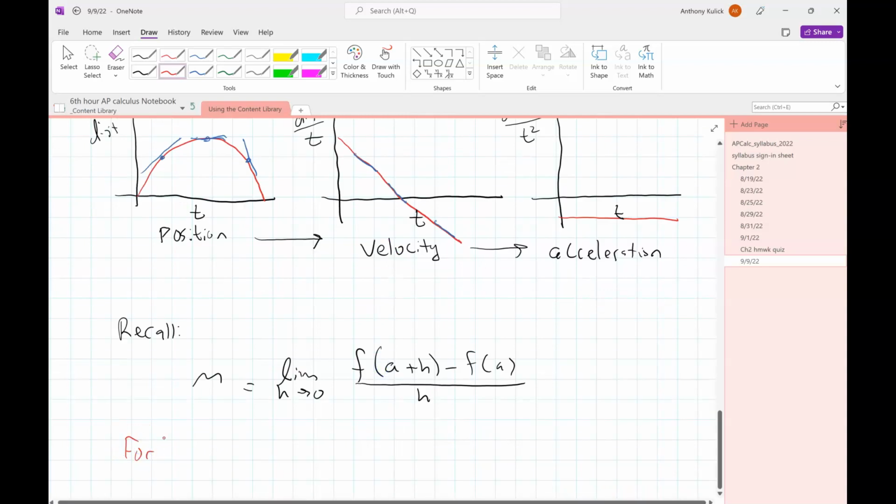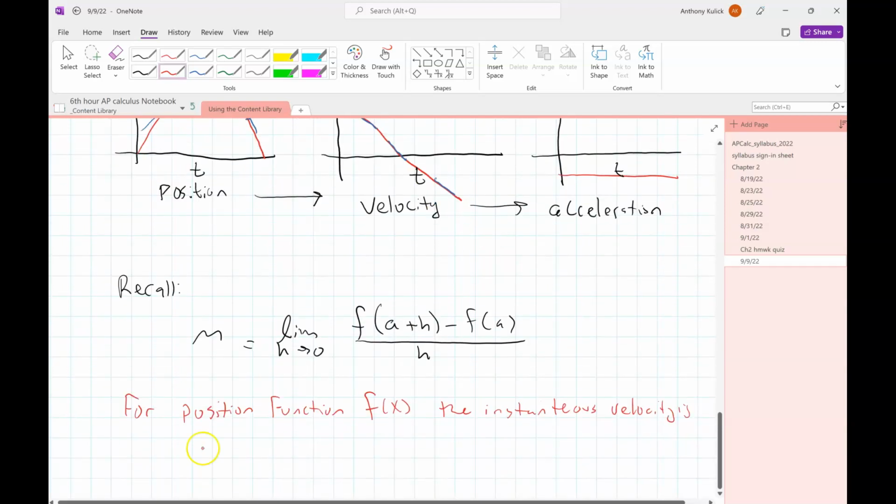It's just a collection of tangent line slopes. The point of this is that it's the exact same thing, right?